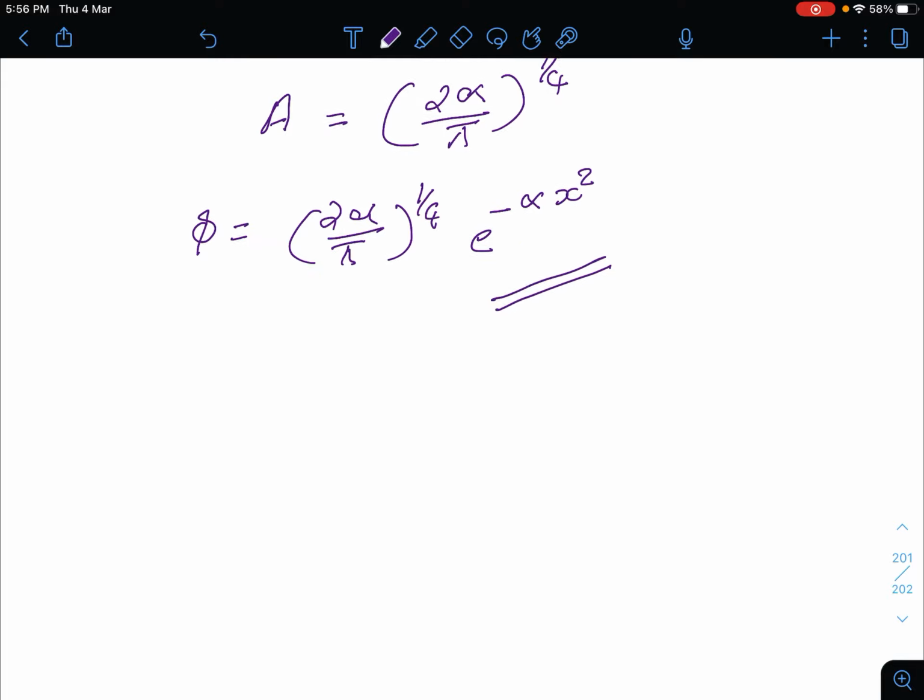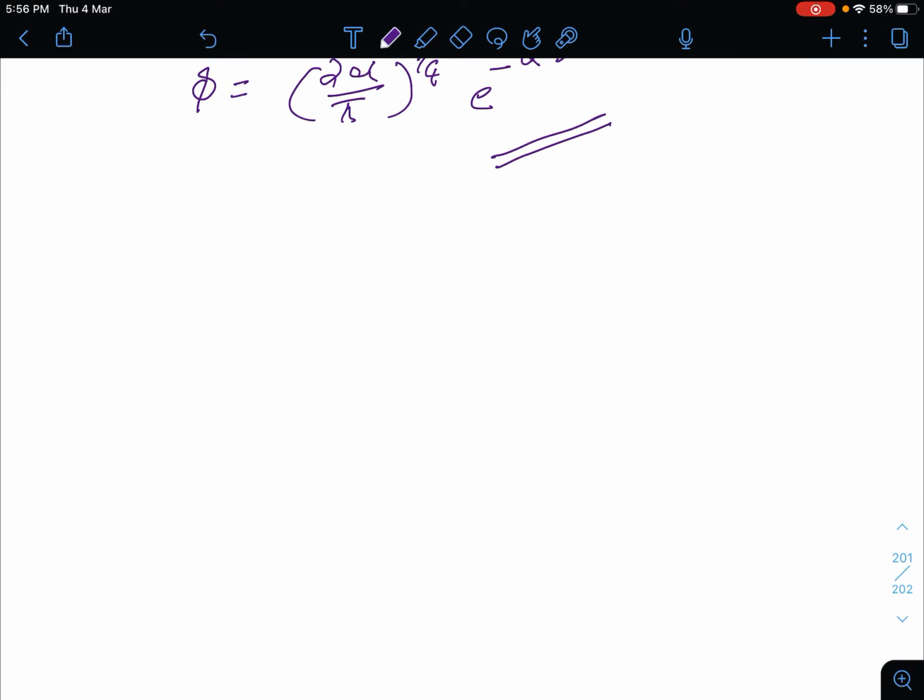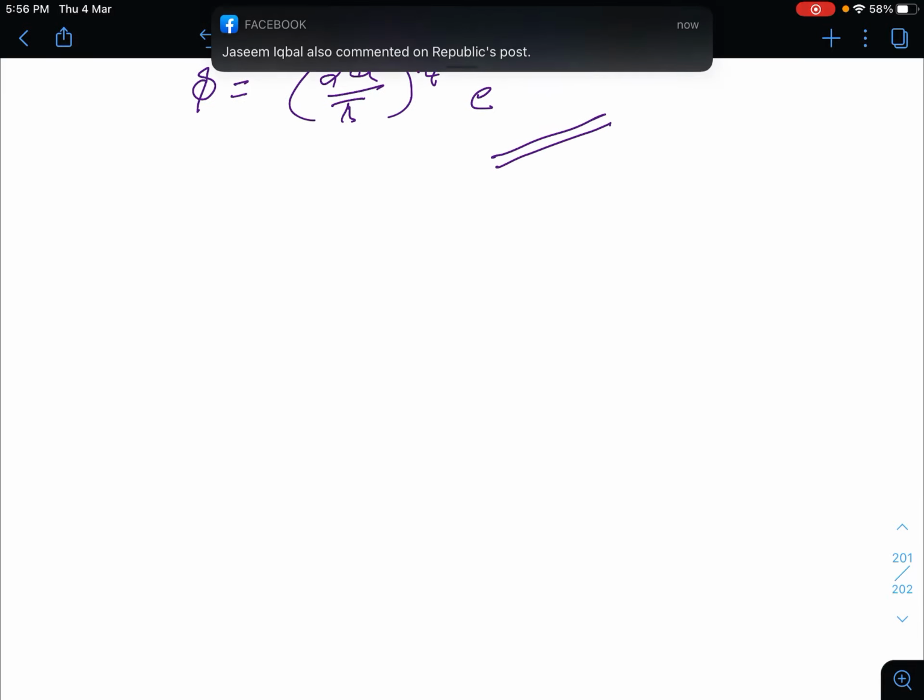Now let's find out the Hamiltonian. Simple. So we said we find the expectation value of the Hamiltonian and minimize it. That's all.